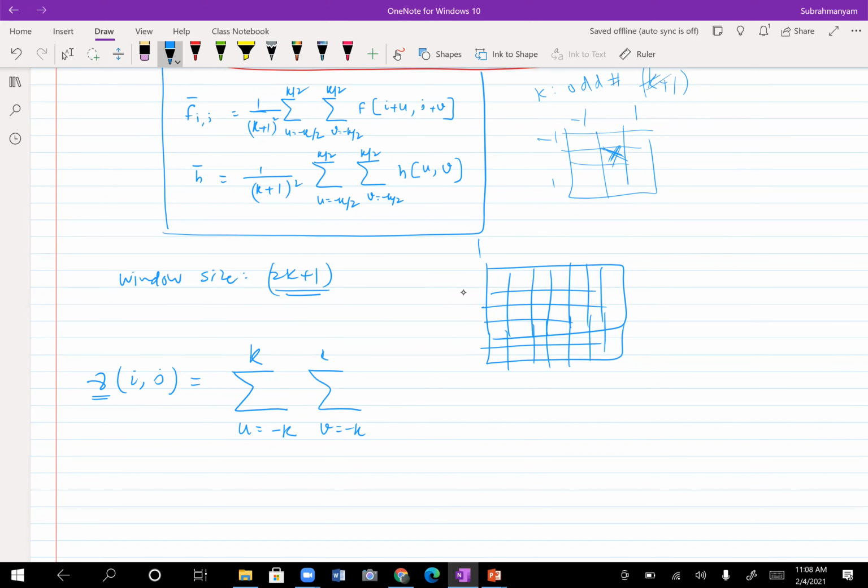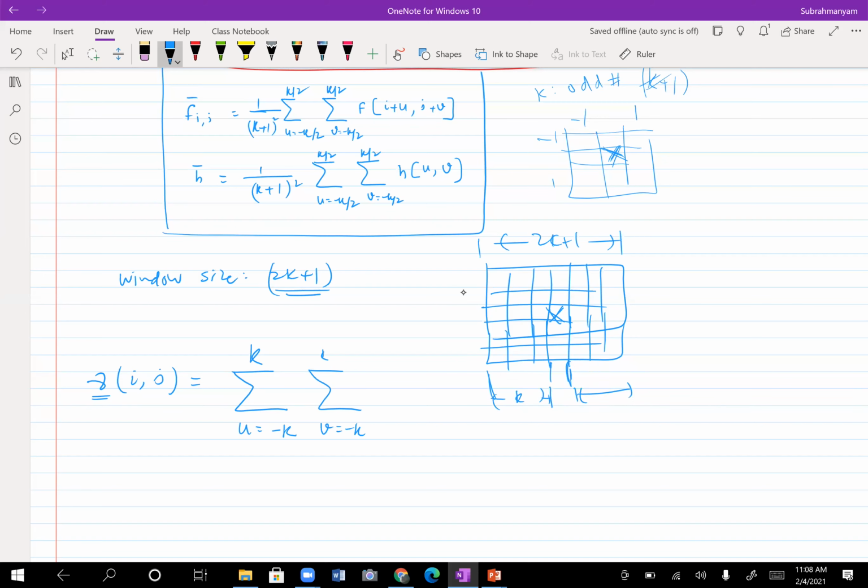So this whole length is 2k plus 1, right? If you take some center pixel here, this length is k. Similarly, after this pixel, this length is k here.